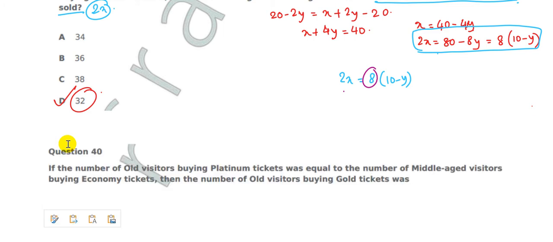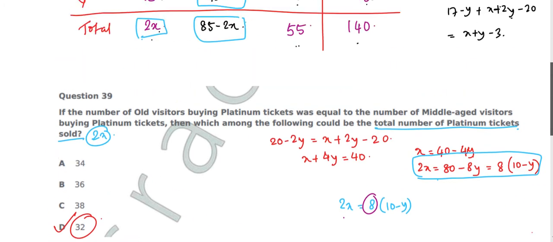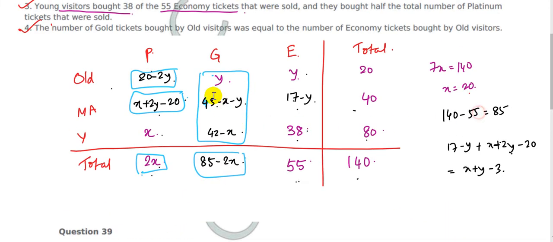Second question. If the number of old visitors buying platinum tickets was equal to the number of middle-aged visitors buying economy tickets, then the number of old visitors buying gold tickets was what? Old platinum equal to middle-aged economy. So old platinum is 20 minus 2y, middle-aged economy is 17 minus y.